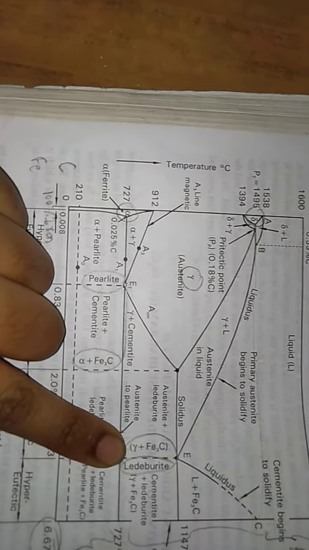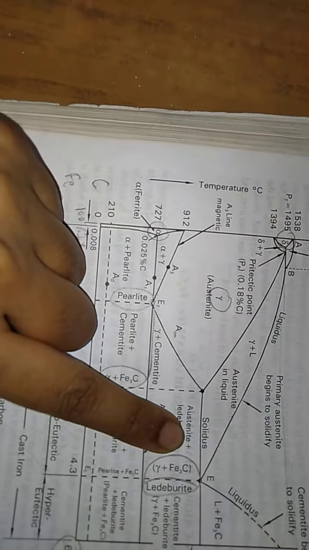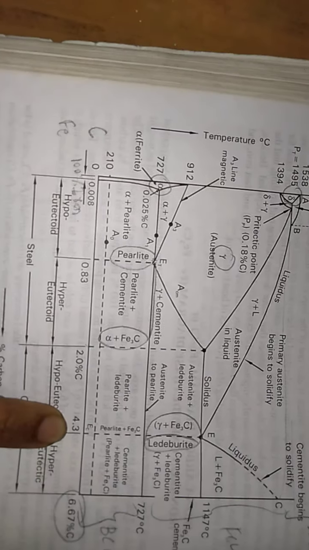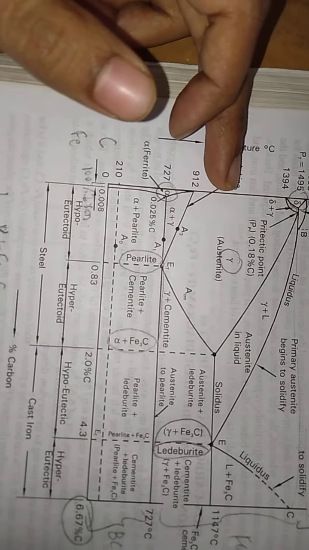Next is ledeburite. Ledeburite is the combination of gamma iron, that is austenite, and cementite. It has a carbon percentage of 4.3. That is why only at 4.3 percent can you see this, and the temperature should be between 727 and 1147 degrees Celsius.